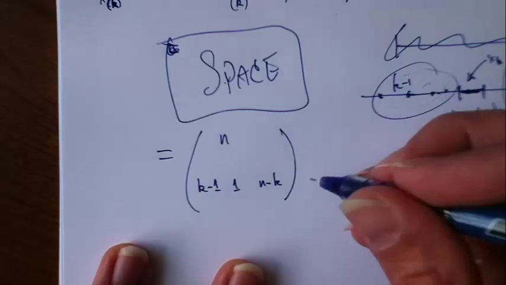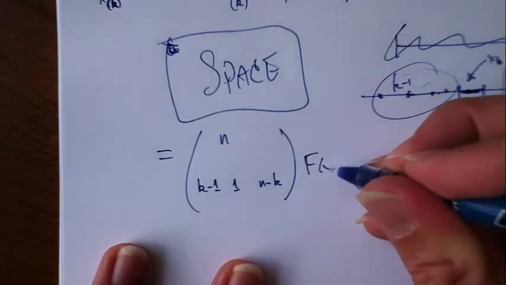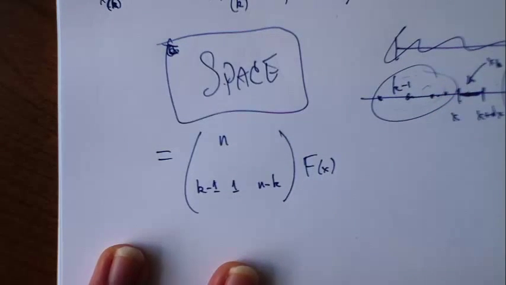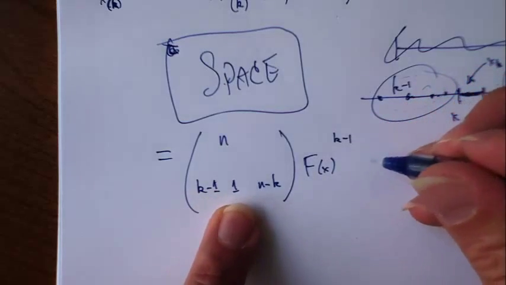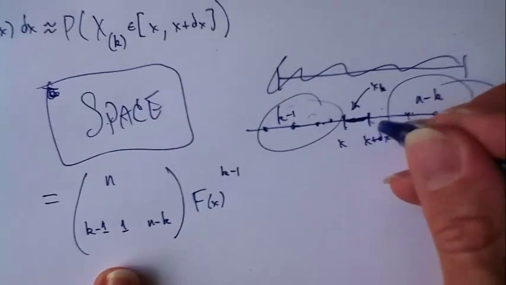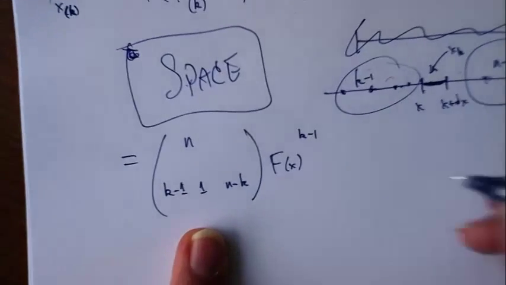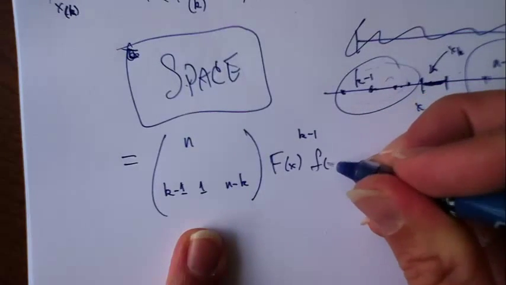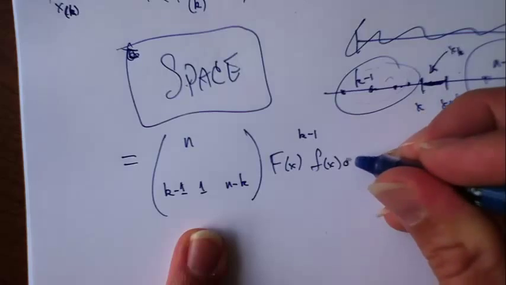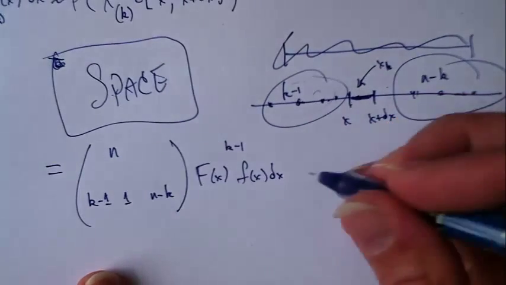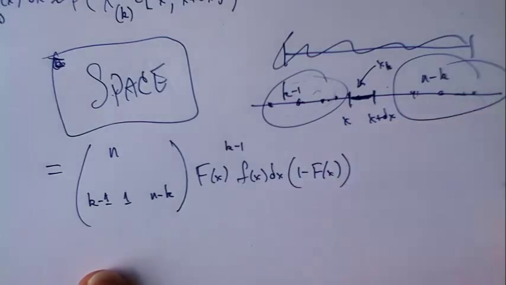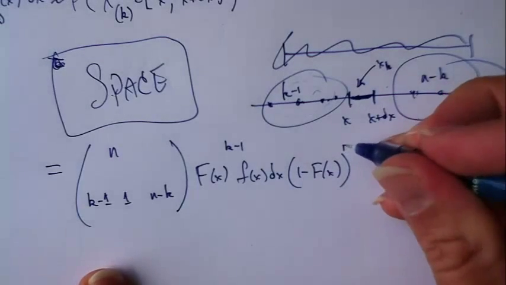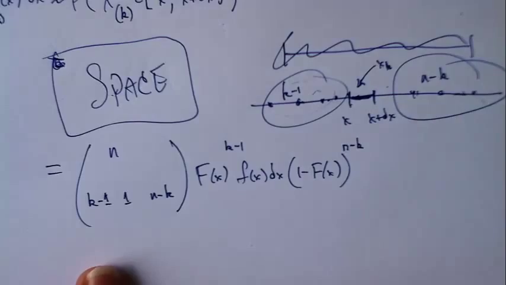The chance that it falls over to the left is F, the CDF of x, but I've got to raise that to the k minus 1 power, right? And then the chance that one of those guys falls in here is roughly the PDF times dx, and then the chance that it falls off to the right is 1 minus F of x, the CDF F, that is, and then I've got to raise that to the n minus k power.